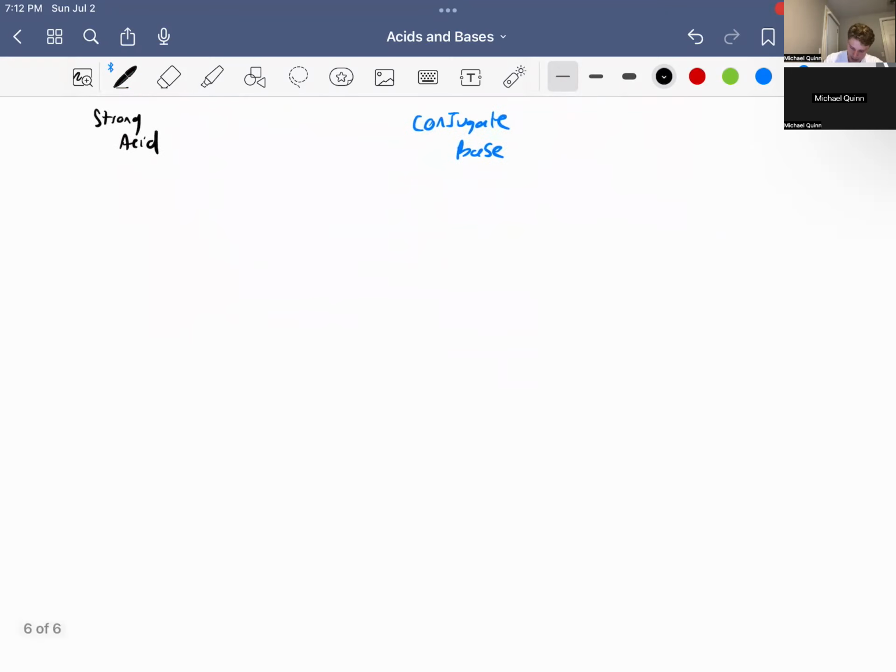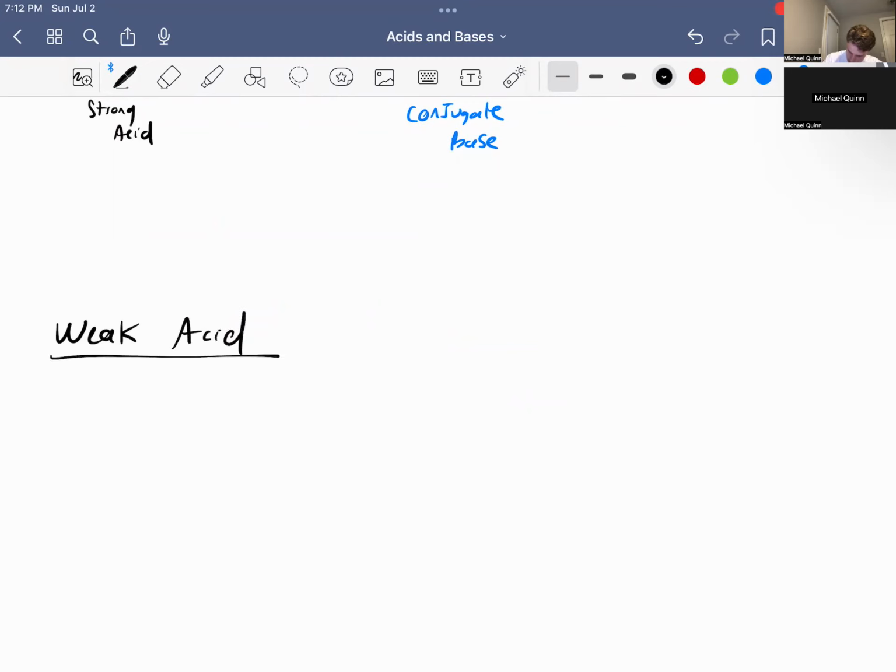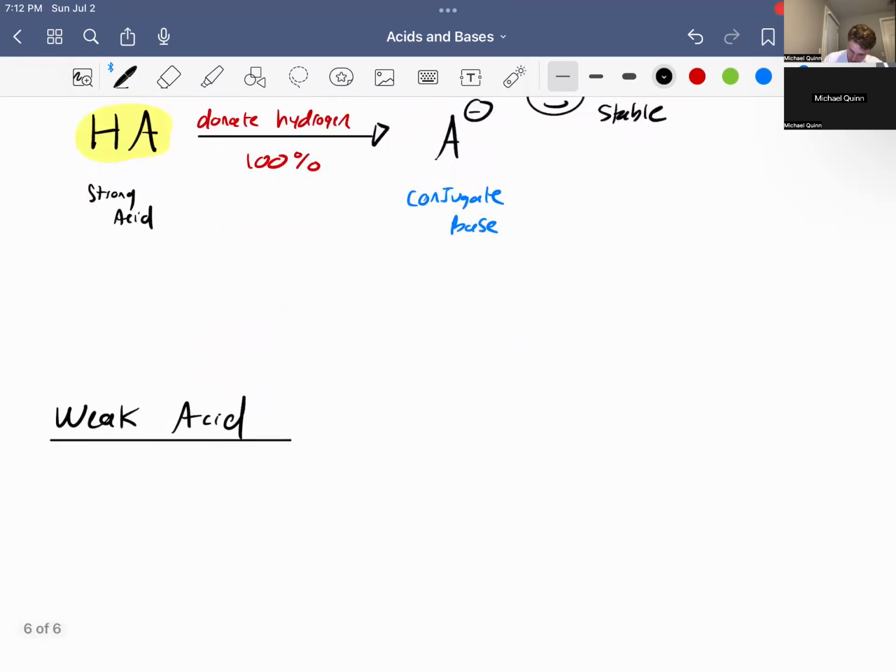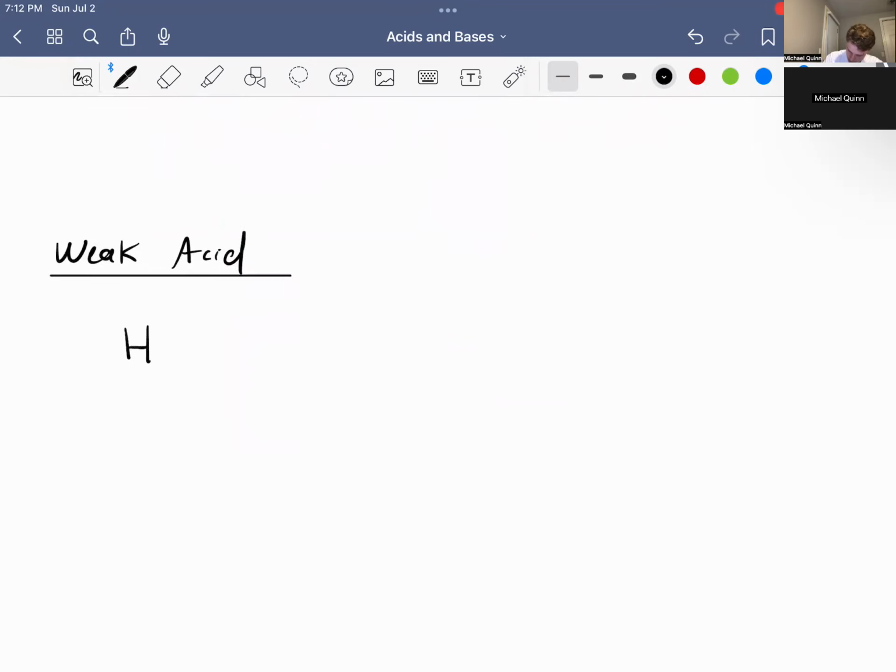Now, what about a weak acid? A weak acid will donate this hydrogen less than 100% of the time.